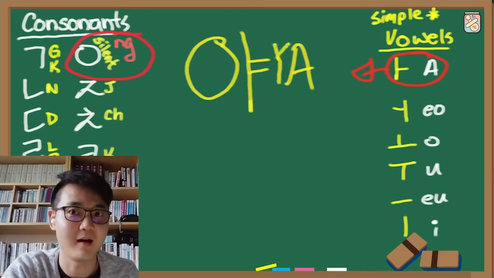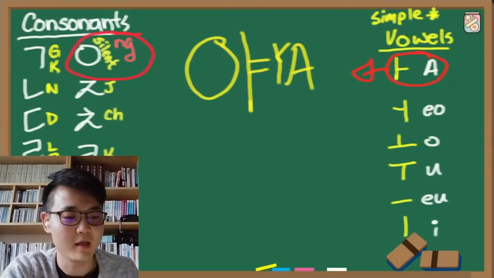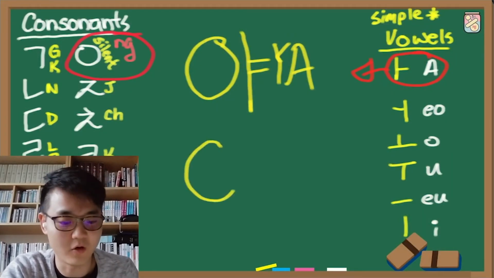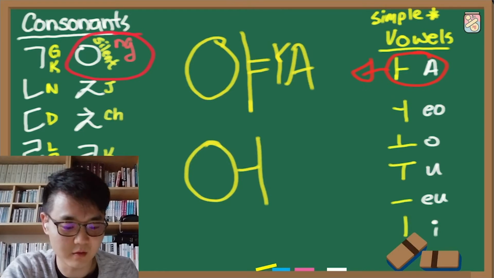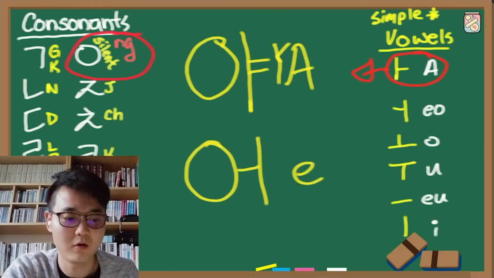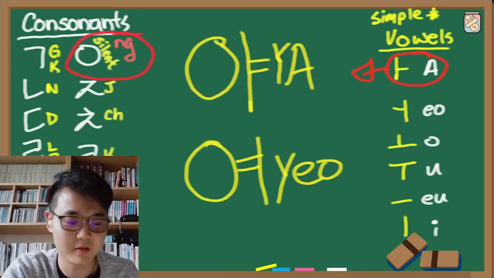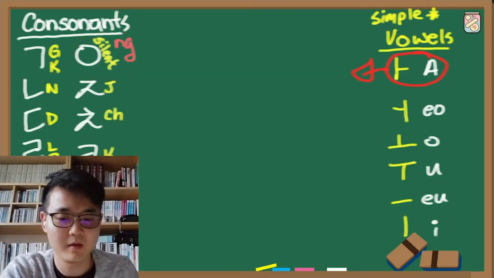And then we have O, which is E-O. If you add another 짝대기, a stroke, it becomes ya. Okay?